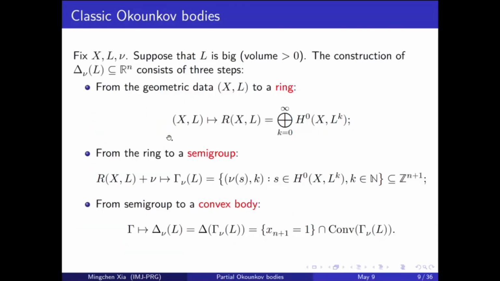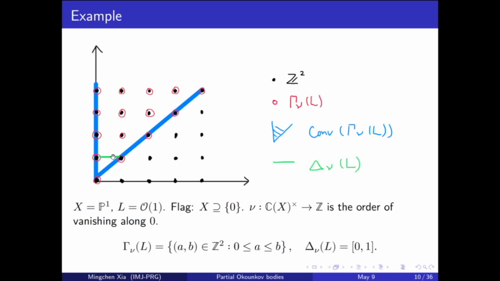And the second step means that we want to pass from the ring to a semigroup. Recall that means we fix each level k, and we consider all valuations of the corresponding sections of level k. So for example, on level 1, the sections of L, that means the sections of O(1), are nothing but the holomorphic sections of O(1), which are the linear polynomials in a single complex variable.